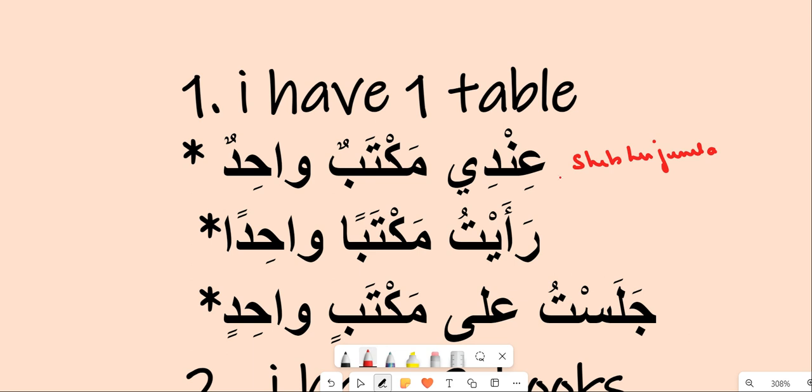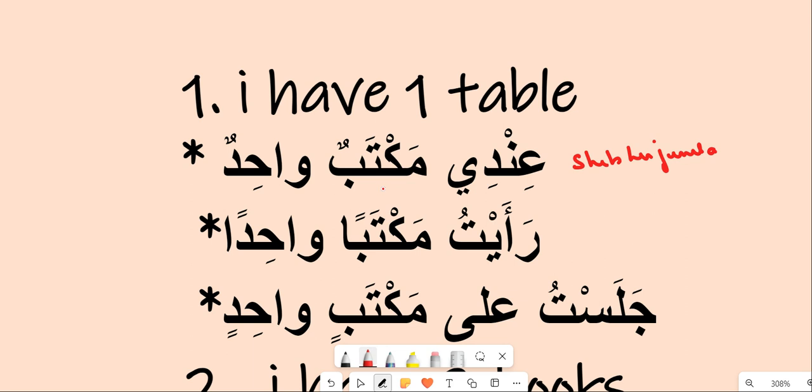So this is shibh jumla. And how will you recognize a shibh jumla? You will see a harf jar or a zarf in the starting of the sentence. And when you see this, you will see that the next part of the sentence is the nakira noun. Why is it nakira and why does shibh jumla come?